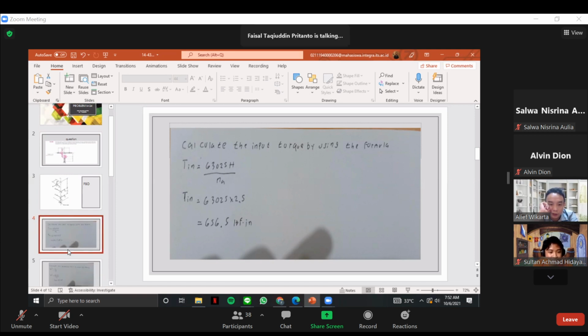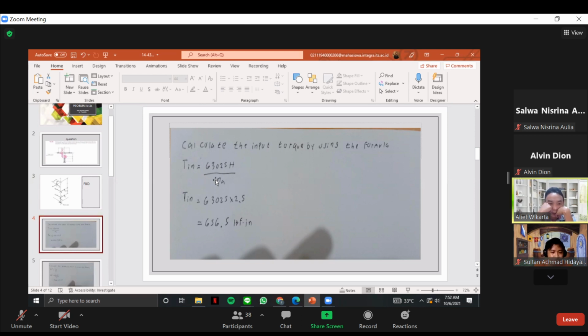Oh yeah, I forgot to input the speed of the pinion.